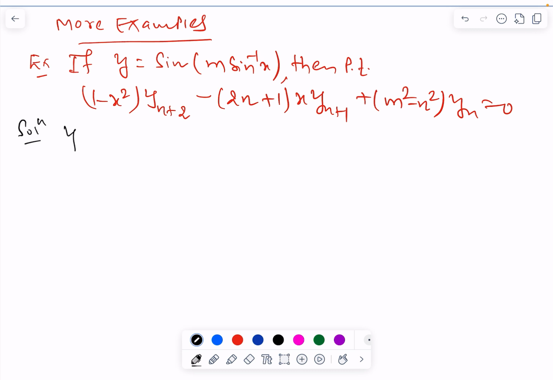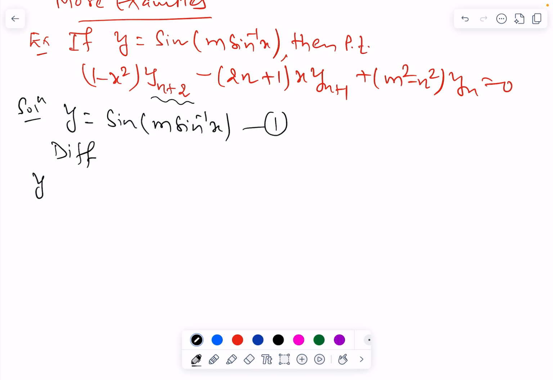Now y equal to sine of m times sine inverse x. Now let us differentiate, because we need yn plus 2, so we need to differentiate 2 times, and then after we differentiate n times by using Leibniz here.